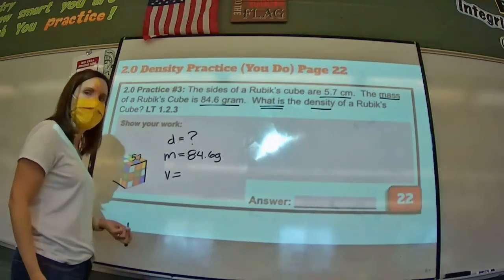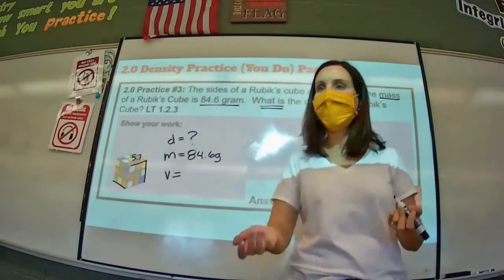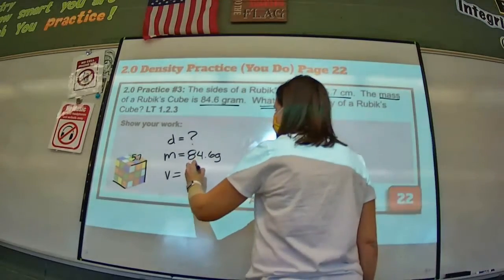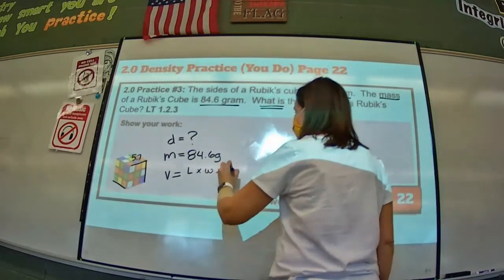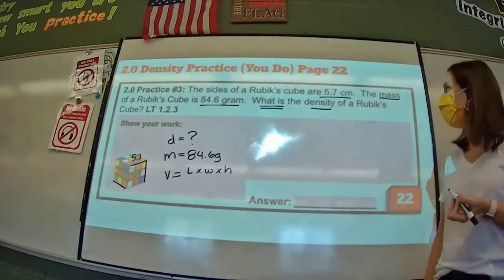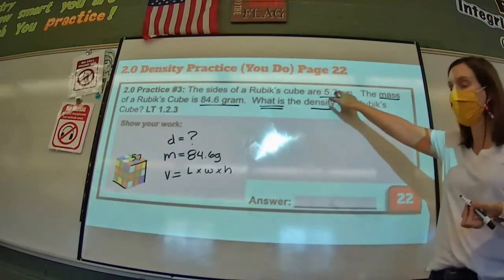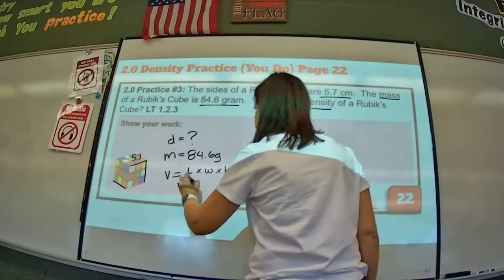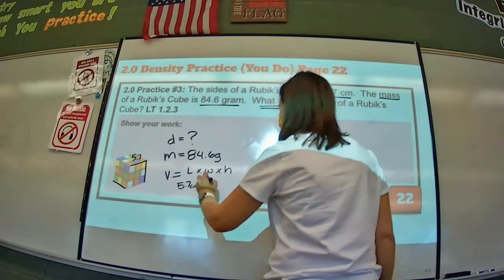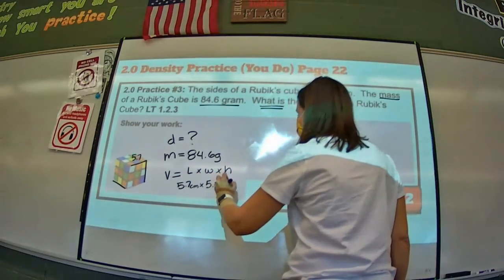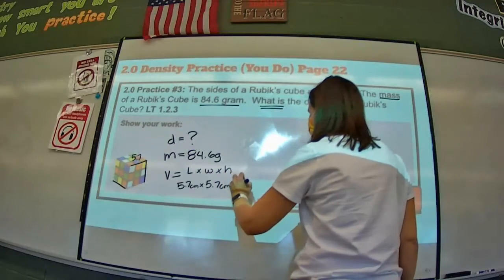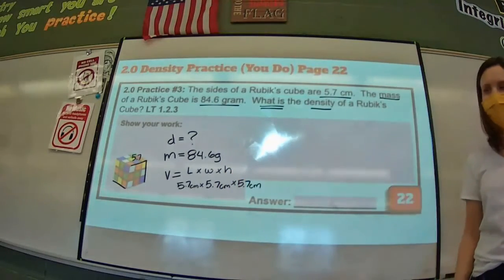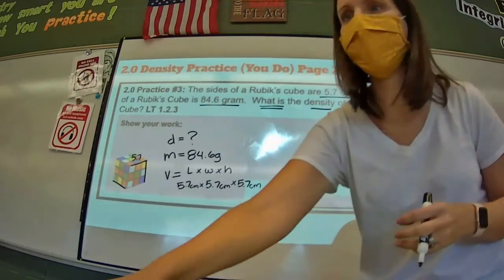So we can find our volume of a cube or a rectangular prism using the equation length times width times height, right? And so we have all of those dimensions because in a cube, all the sides are equal. So my length is 5.7 times my width, which is also 5.7, times my height, which is also 5.7. We're going to multiply those together. So 5.7 times 5.7 times 5.7.